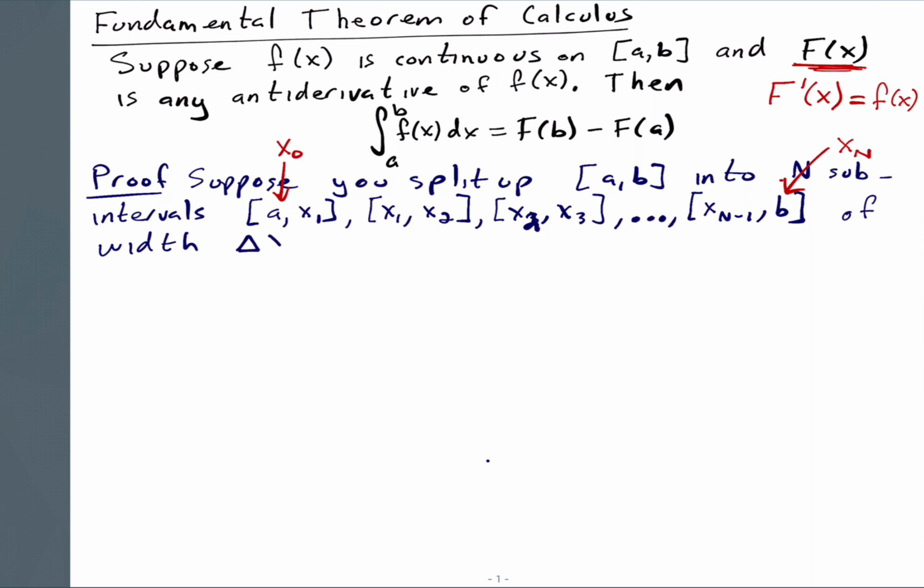Delta x, right? When we did it, just to keep things simple, we made delta x constant, but in reality, it can actually be different widths. So I'm going to put a little i in there, but it's not something that we need to worry about.